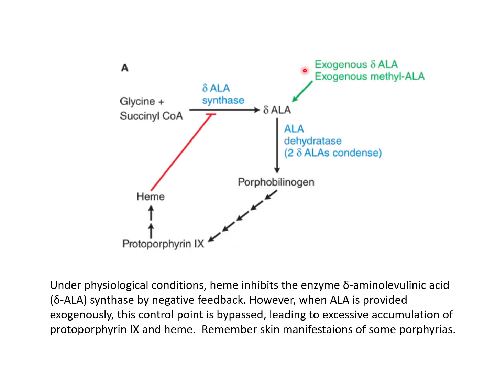So remember that ALA is the precursor of heme. And it's produced through ALA synthase. Under normal circumstances, this cycle produces heme, and then heme in turn inhibits ALA synthase. And so you regulate the availability of these substances in the body, in the cells.